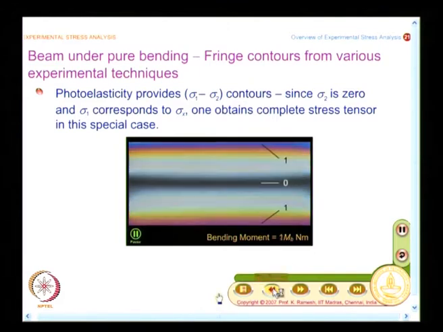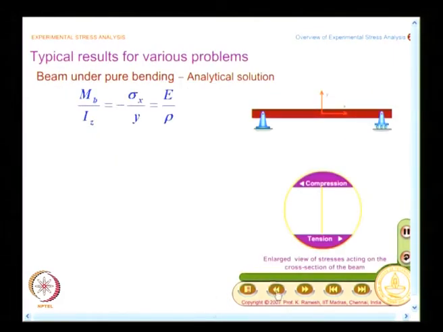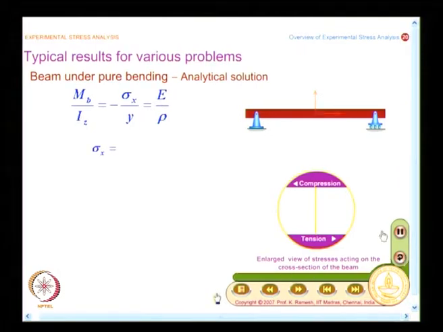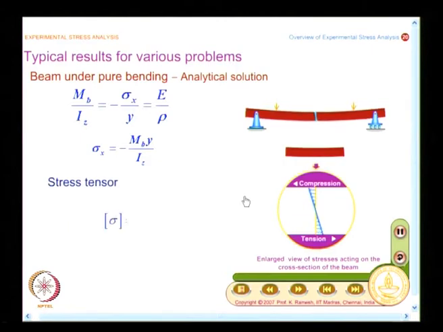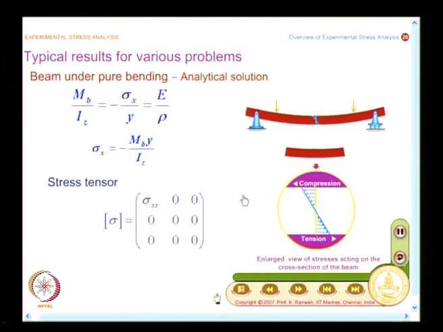Now we come back to the stress field analytical approach. You have got the stress field, and you have also seen the stress tensor. With your knowledge of mechanics of solids, it is possible for you to find the strain tensor. It is not difficult at all.